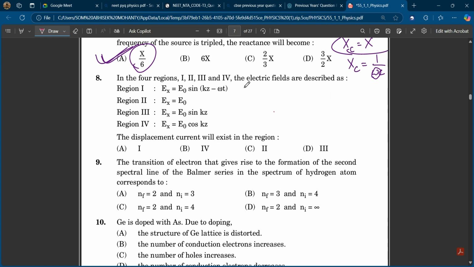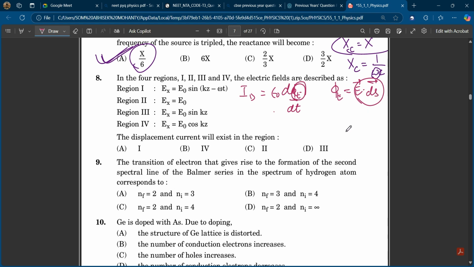Displacement current is simply I_D equal to epsilon naught d phi_E by dt. So this is your displacement current. And what is phi_E? Phi_E is equal to integral E dot dS, the electric flux.